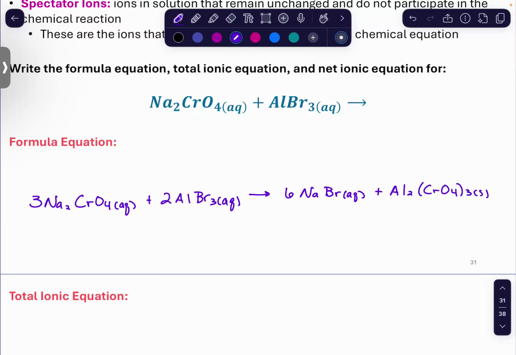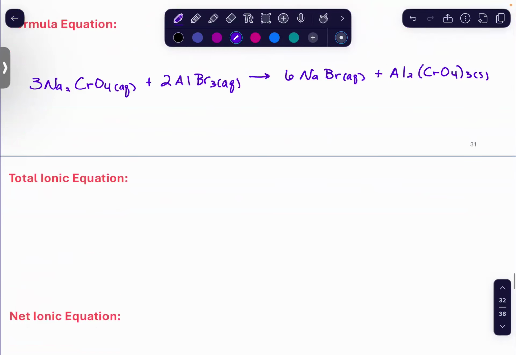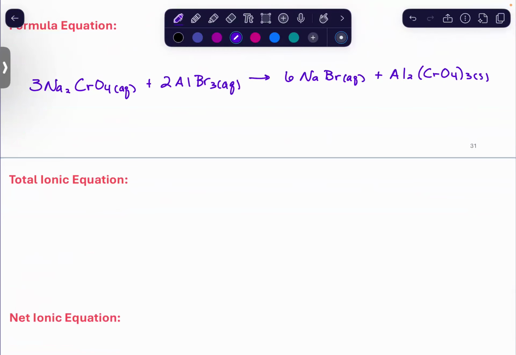What we're going to do is take these compounds and break them up into their constituent ions. And you'll notice for the total ionic equation, we're not going to eliminate anything. Okay, so now pay attention. We have 3 of the sodium chromates, but I have 2 sodiums in there. So 3 of those compounds at 2 sodiums apiece is going to give me 6 sodium ions.